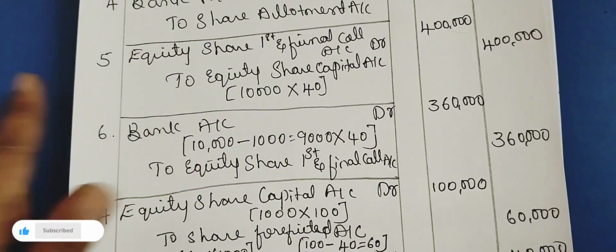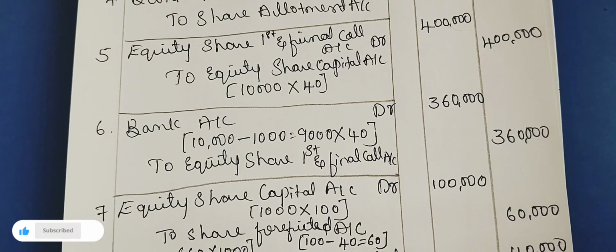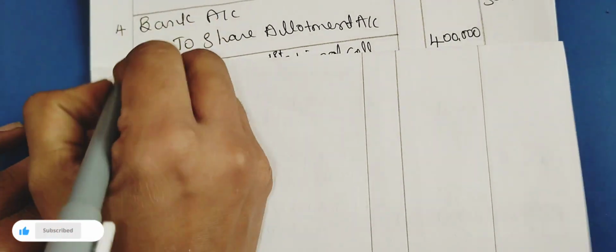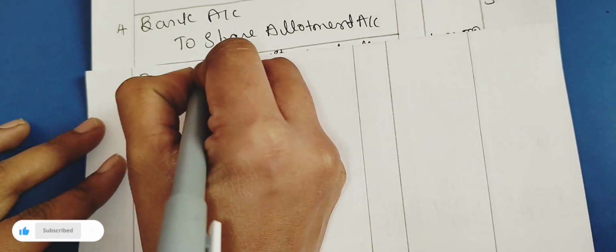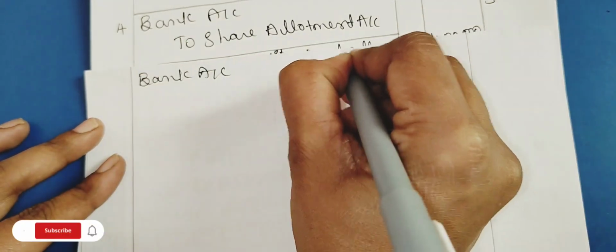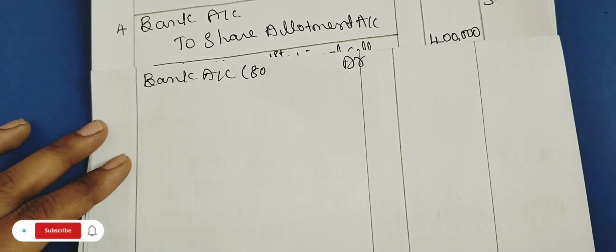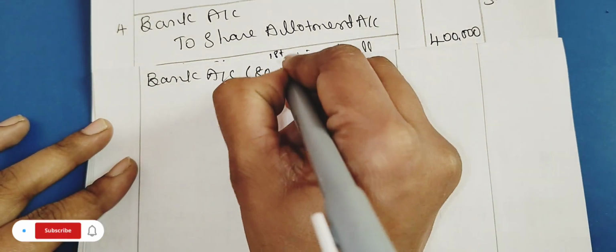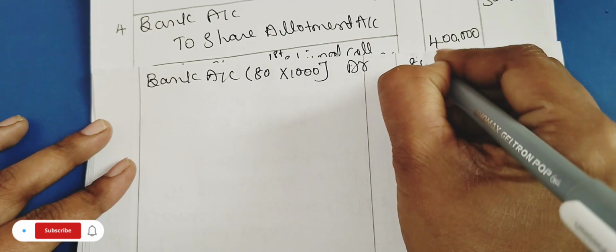Now we are reissuing these forfeited shares. So let us pass the entry for the reissue. Reissue entry is bank account debtor. What is the value of reissue? Rupees 80 we are reissuing. 80 into 1,000, 80,000.